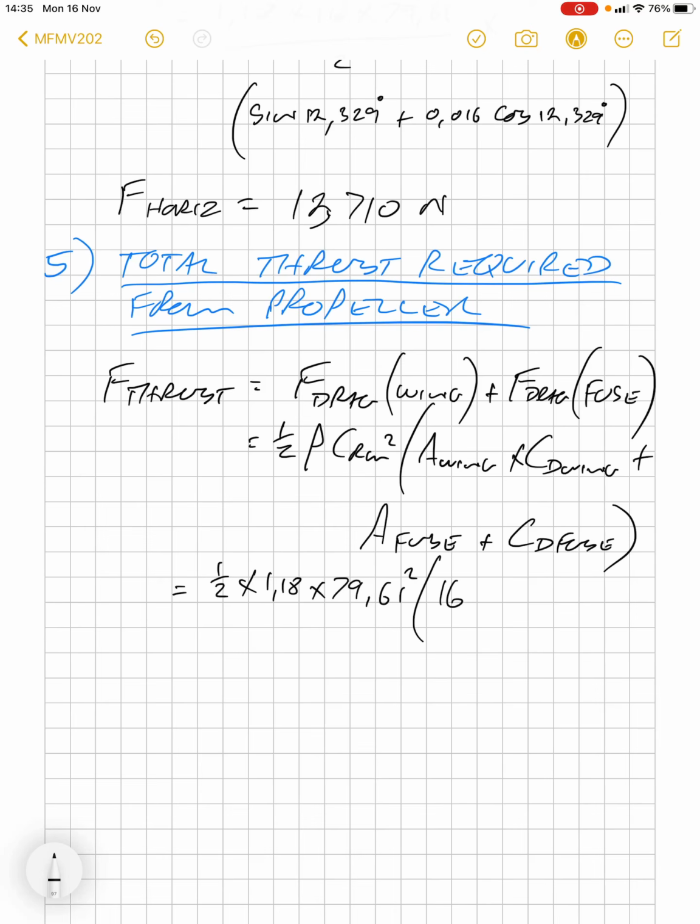Area of the wing is 16 square meters times 0.016 plus 0.81 times 0.9. So the thrust required for the propeller would then be 3683.18 newtons.